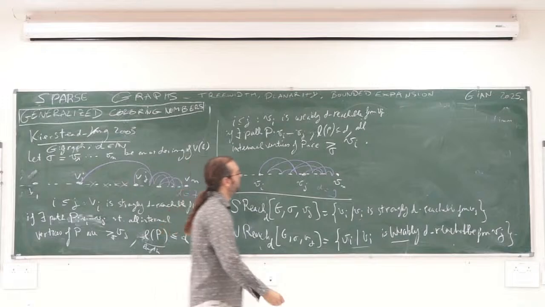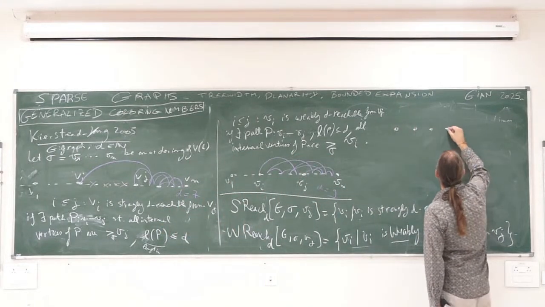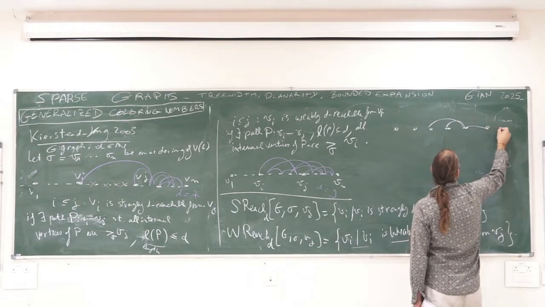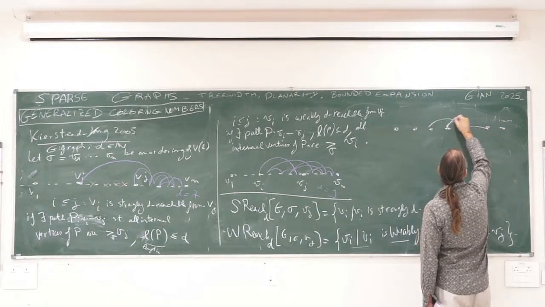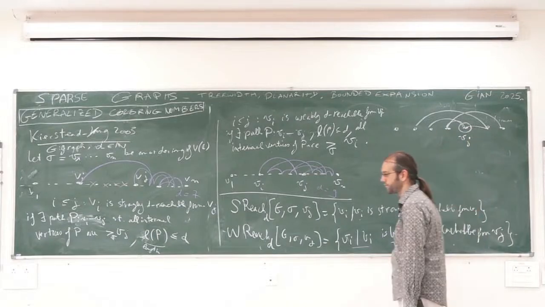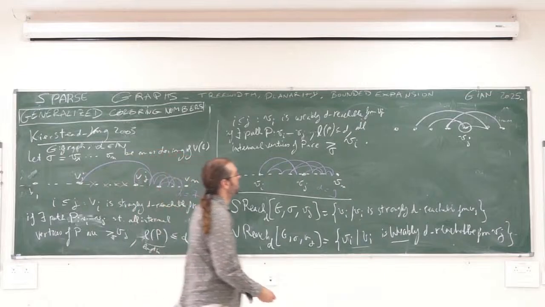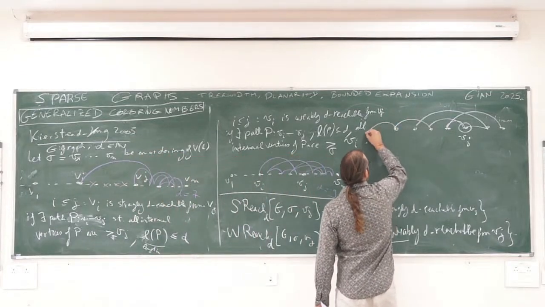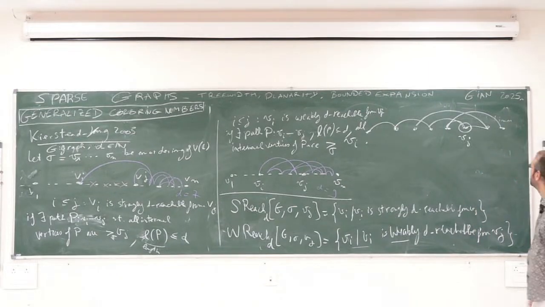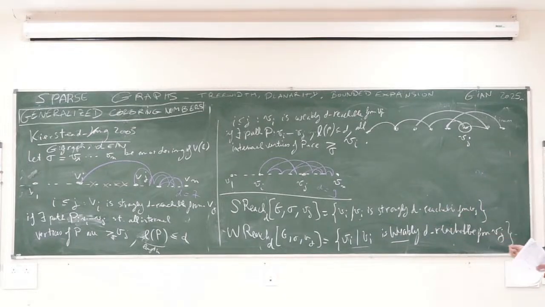So maybe I can give an example while you digest the definition. Okay, if I look at my Vj, what is the strong reachability set? Well, for d equals 1, these two things coincide with the degeneracy.